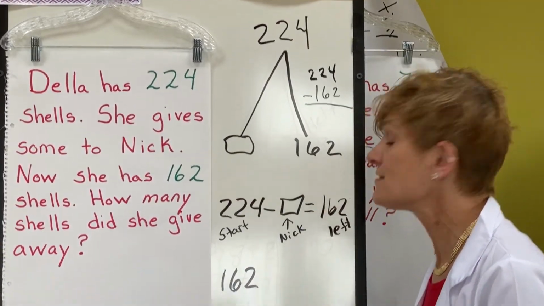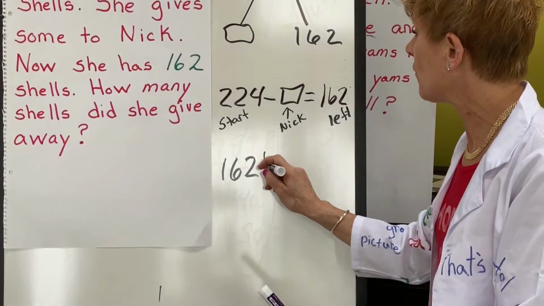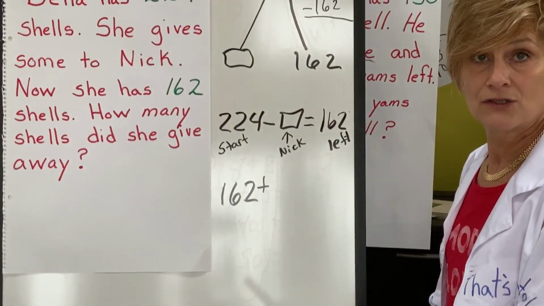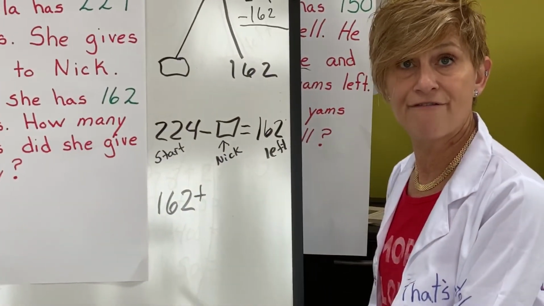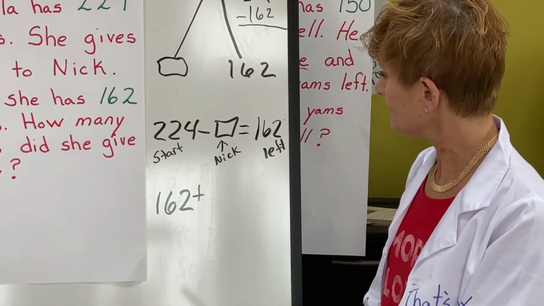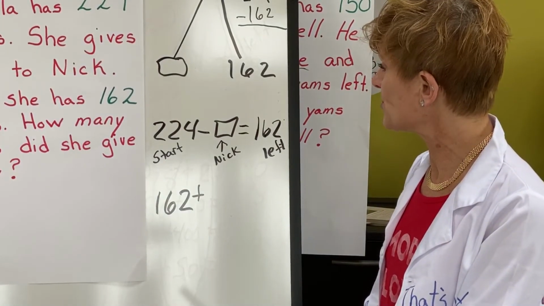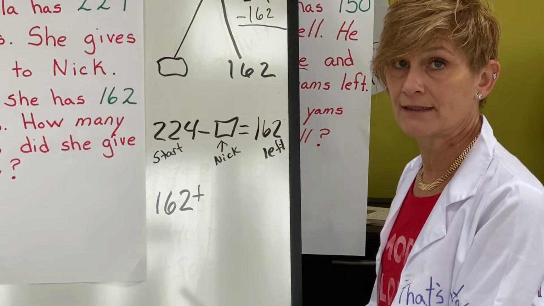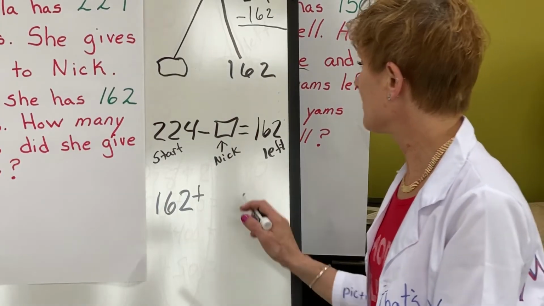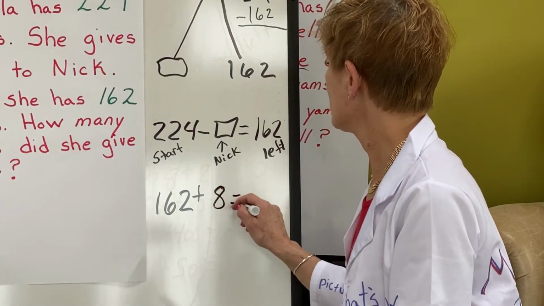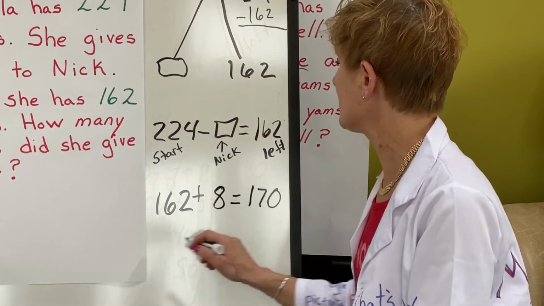162. Friends, try that at home. How are you going to add up to 224 to find that unknown? Lots of different ways to do it if I'm doing the adding up. I'm going to add 8 to get to 170.